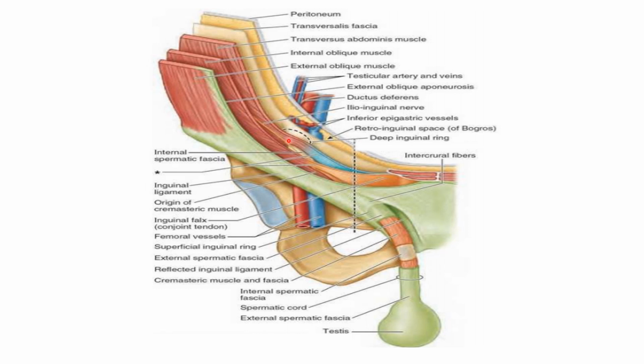It runs through the canal and exits at the superficial inguinal ring, along with the spermatic cord, but it is not a content of the spermatic cord.